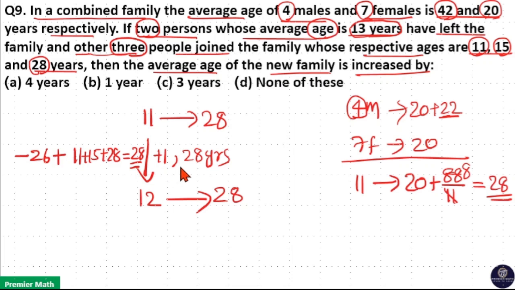When one person with 28 years joins this family, the new average becomes 28 itself. That is, there is no increment in the average, 0 increment. So option D is your answer, because the one person who joins also has 28 years of age. So there is no increment.